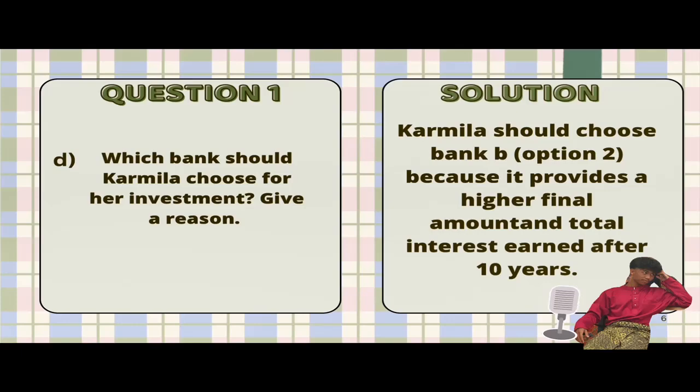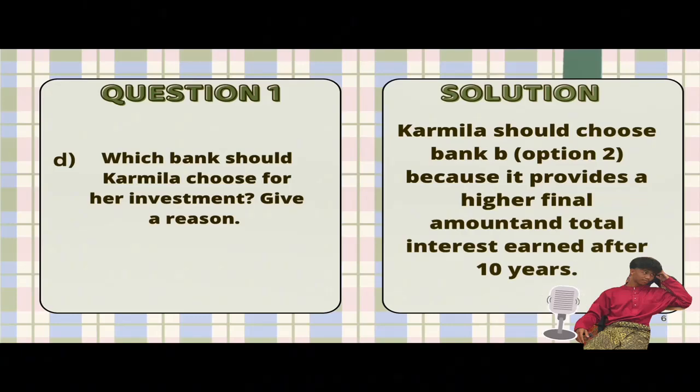This is because Bank A only provides an interest of 23,713 ringgit 0.33, whereas Bank B provides 25,586 ringgit 0.85. That's all for question 1.